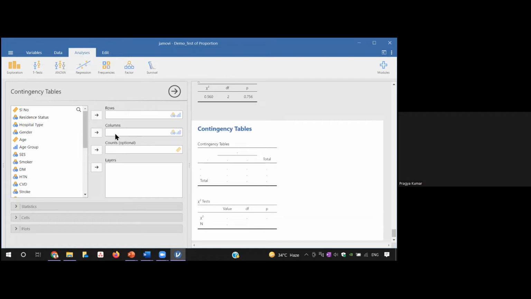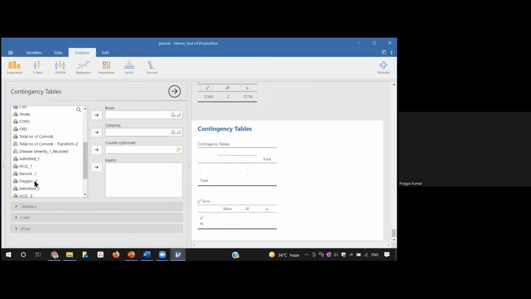Remember, the dependent variable we shift to the column, and the independent variable we shift to the rows. In this case my dependent variable is the oxygen requirement, because I have to check the oxygen requirement with all the other variables, like in the first case, maybe the gender. So in the column, I will shift the oxygen requirement.